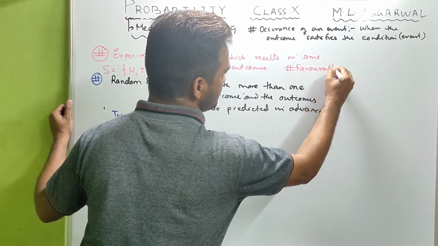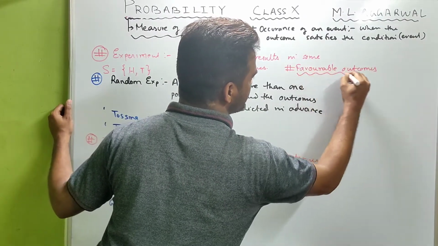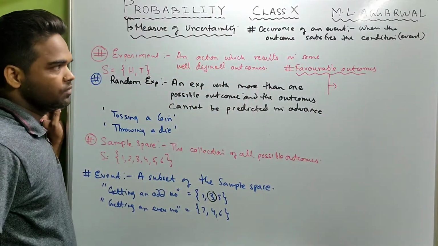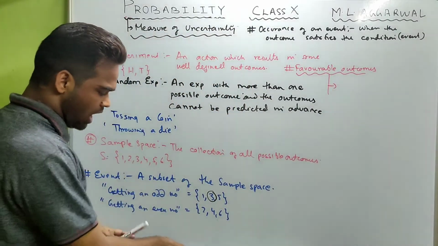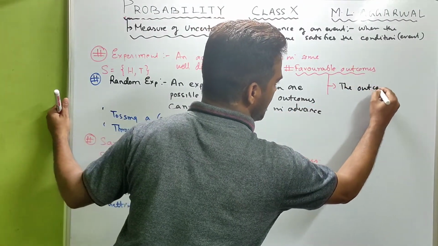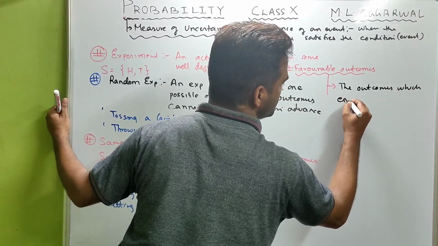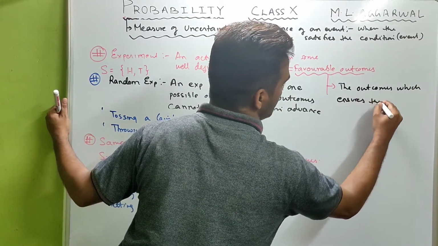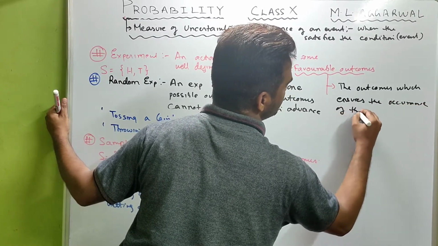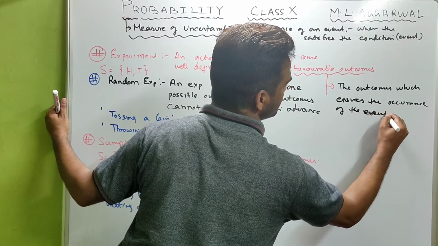Then we have favorable outcomes. So what are my favorable outcomes? Simply, the outcomes which ensure the occurrence of the event are known as favorable outcomes.